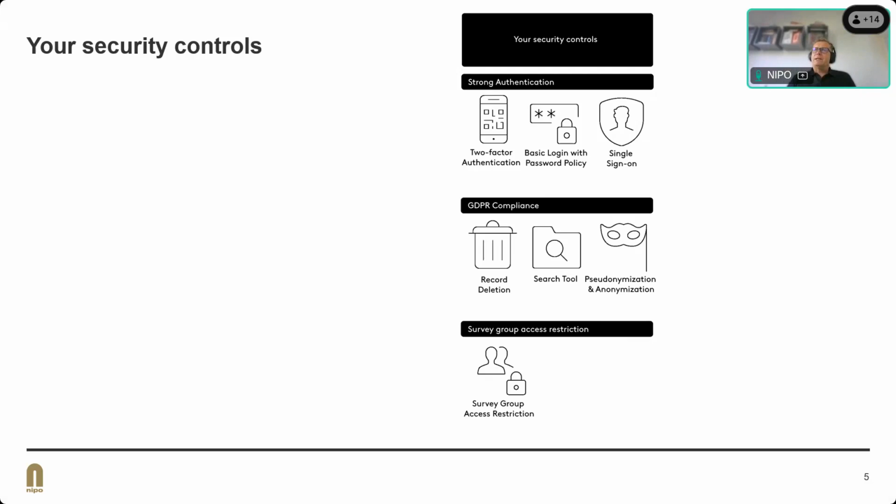And finally, as a security control, you can set up survey groups and thereby restrict the access to certain parts of Nfield. And this is done by assigning users with specific roles which only grant them access to designated areas and functionality.